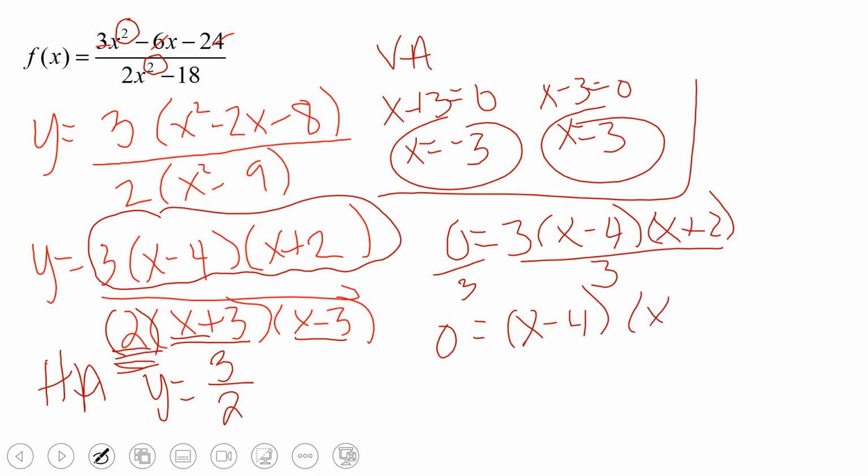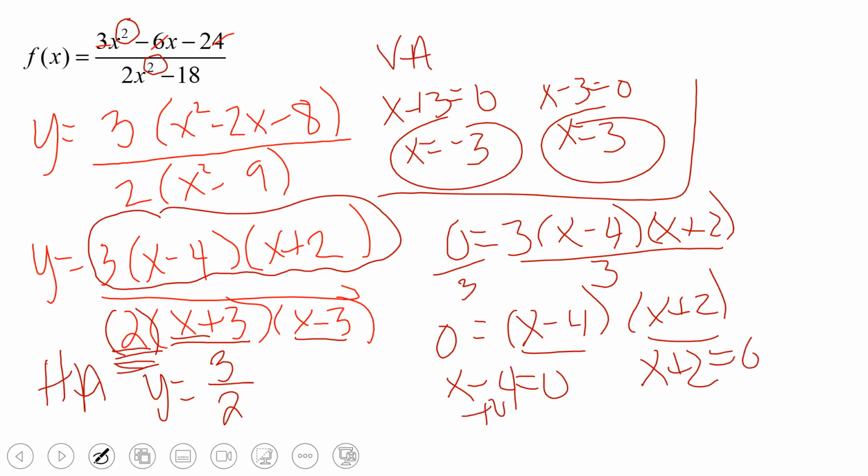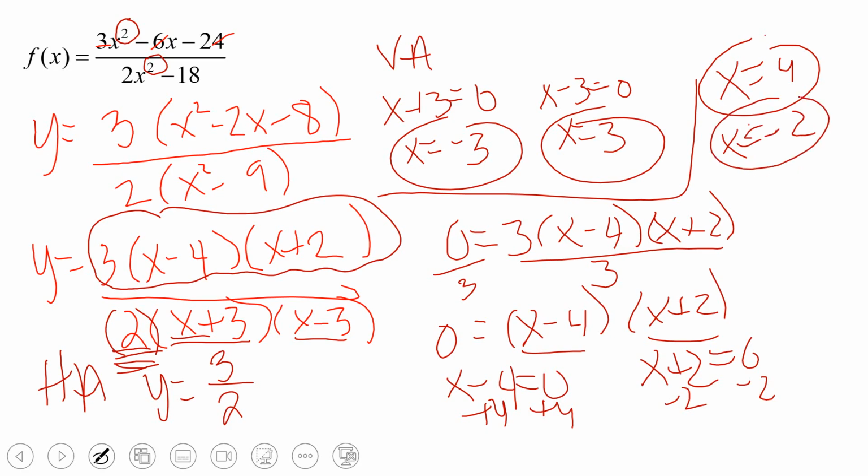And if this is true, then either x equals 4 or x equals negative 2, so I'm going to take each one of these quantities and set it equal to 0. Add 4 to the opposite side, so one is x equals 4. Subtract 2 to the opposite side, and x equals negative 2. Those are going to be our two x-intercepts: 4, 0, and negative 2, 0.